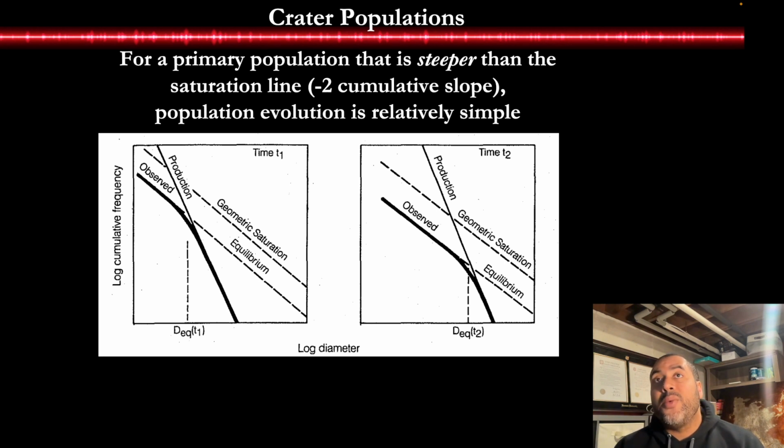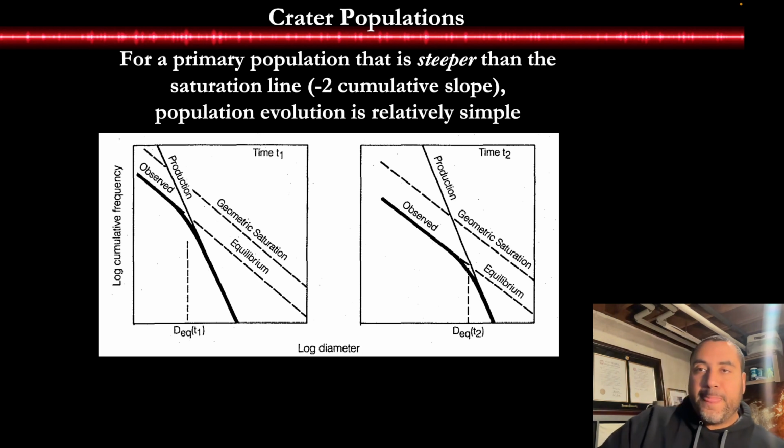And on the right, as more and more craters build up over time, that equilibrium diameter where you get that curving happens farther to the right, or at larger diameters. So sometimes we can actually think about the diameter at which the crater population has reached equilibrium and say something about relative ages or the crater statistics.